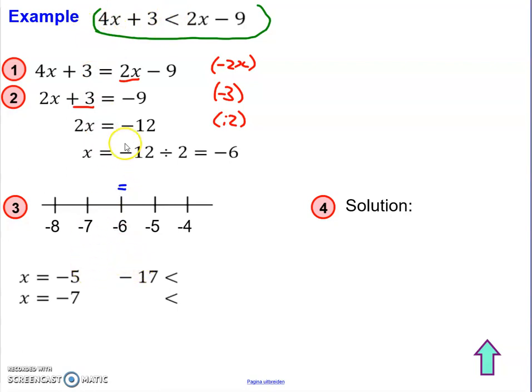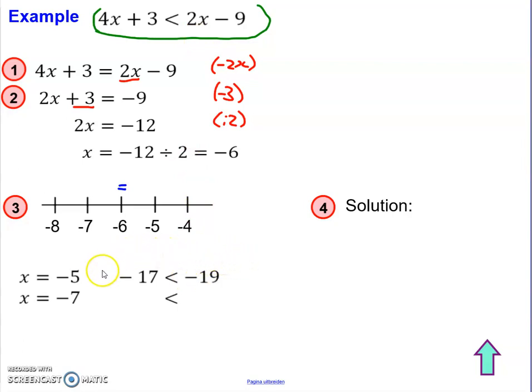I'm going to do the same on the right side, and I copy the less than symbol. I just copy it from here. Well, let us fill in minus 5 on the right side. 2 times minus 5, that's minus 10. Minus 10 minus 9 will be minus 19.